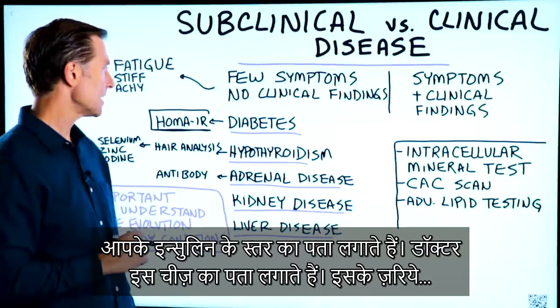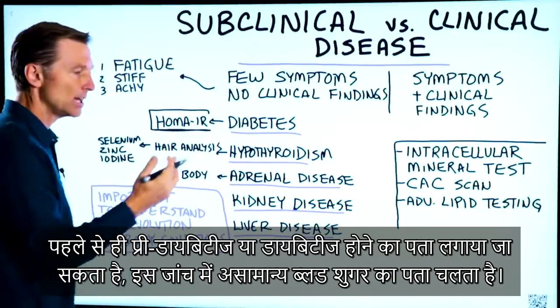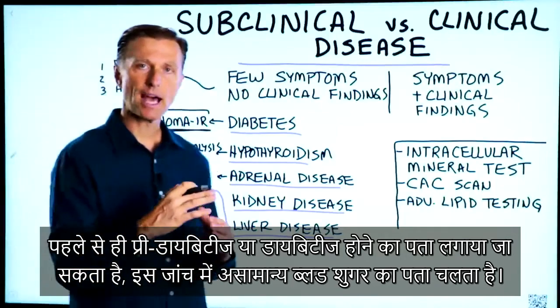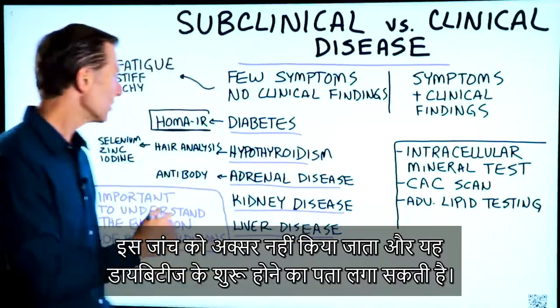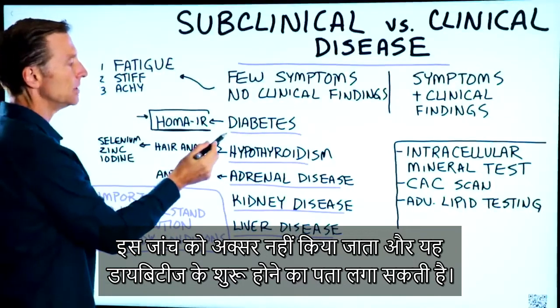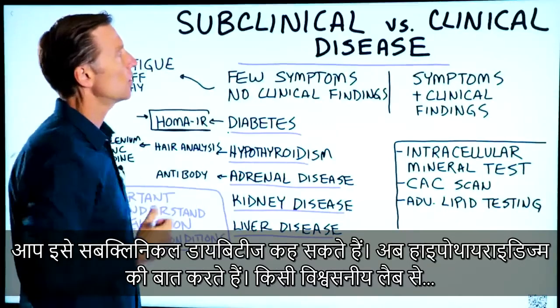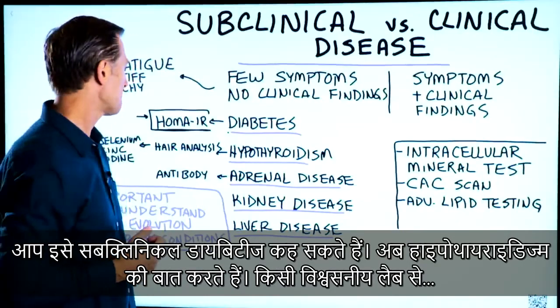That's one of the things that they measure, which comes way before you become even a pre-diabetic or a diabetic where you have abnormal blood sugars. So this would be a test that's rarely done that would pick up the beginning part of diabetes. Basically, you can call it subclinical diabetes.